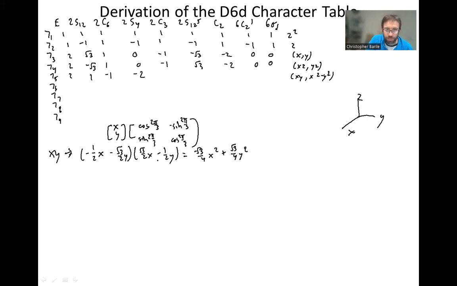Then we have the cross terms. The cross terms are minus 3/4 xy plus 1/4 xy. So that equals root 3 over 4 times negative x squared minus y squared.